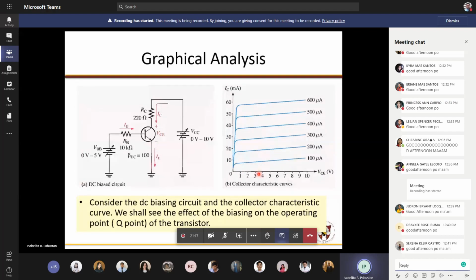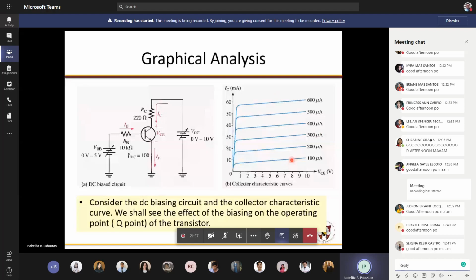Okay? So, itong graph na ito, nakita na ninyo ito, dun sa meeting natin last week. This is your collector characteristic curve, this is the output curve simply because you measure the output at the collector side.